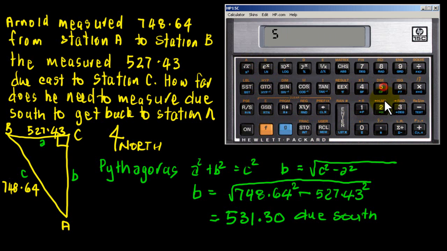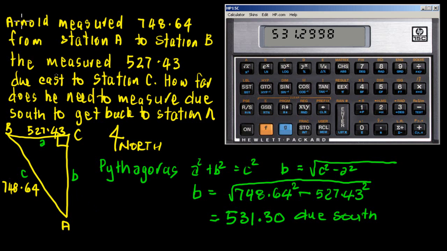And then we go 527.43, and once again that's x squared, and we take it away from the previous one, and take the square root of it, and we get 531.2998, 531.3 to 2 decimal places, because we started with 2, we'll give it that accurate, and we've got a little direction there, due south. So there you go, a distance and a direction.